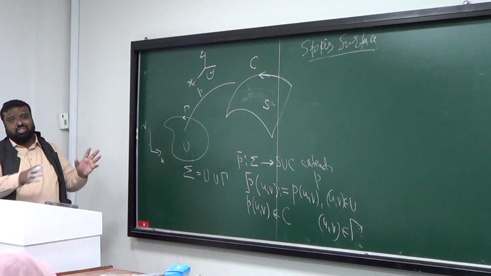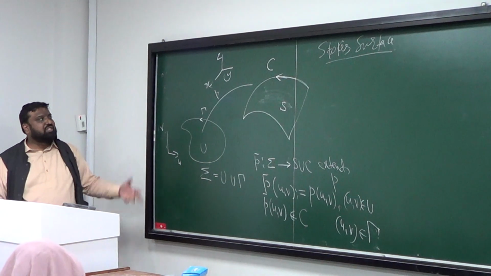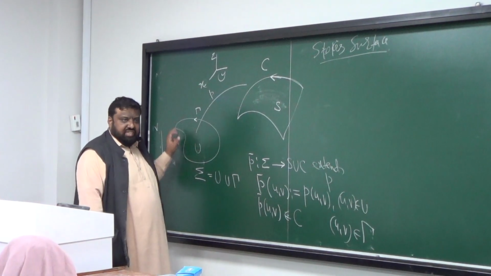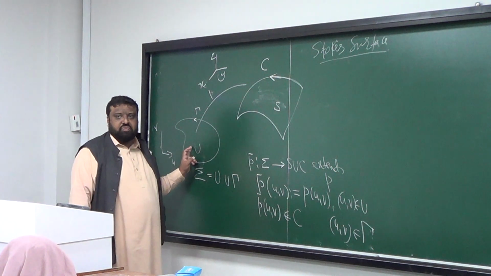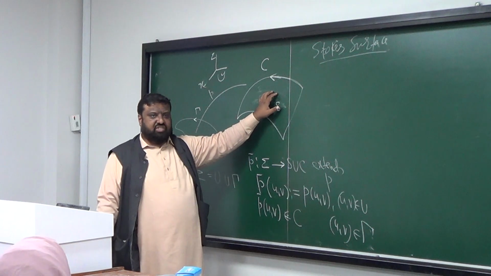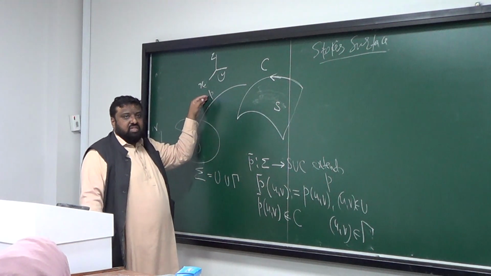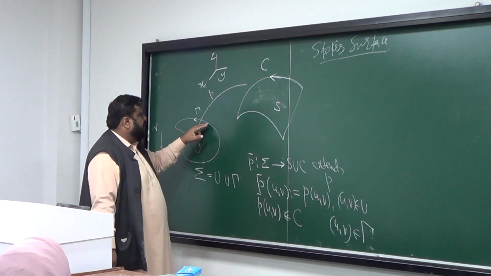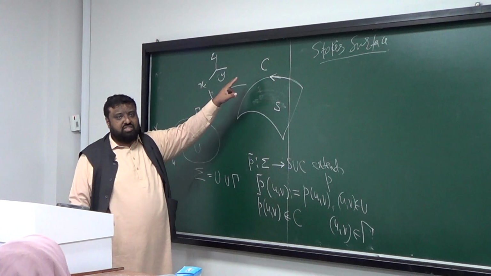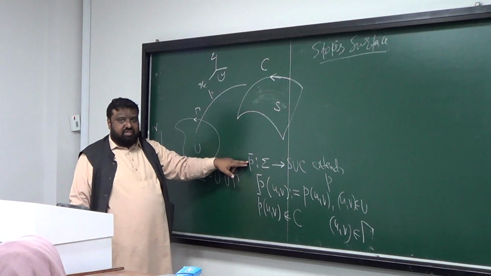So I'm going to put this in words. From where we started, we said I have a map P that is defined over an open set U and throws them onto the set S. Then let's extend this P, and let's assume that the boundary of this region is gamma and the boundary of this region is C. Let's extend this P to P bar.